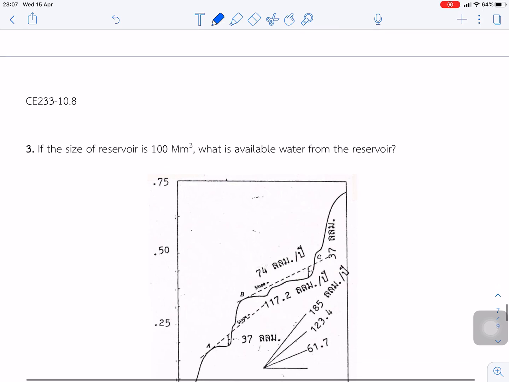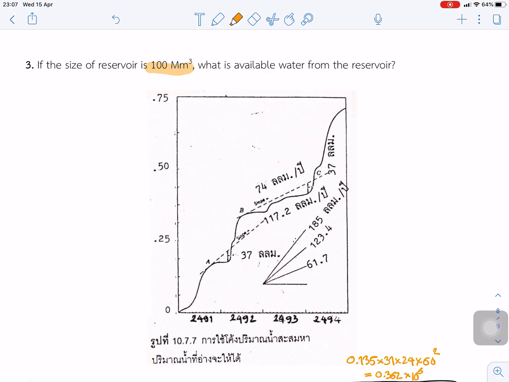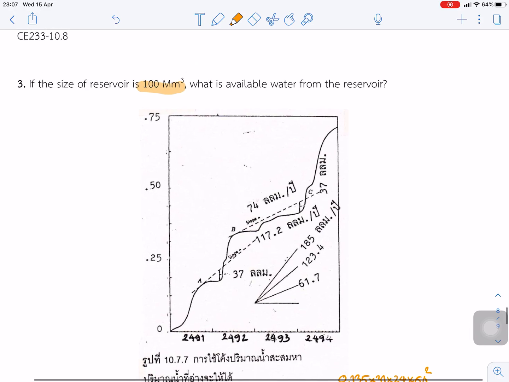And for the problem 3 is opposite way. Given the storage is 10 million, so we have to convert back to S. If you measure that is about, it depends on your measure.